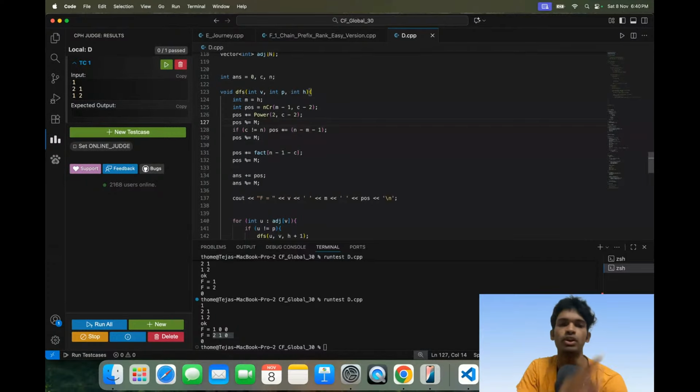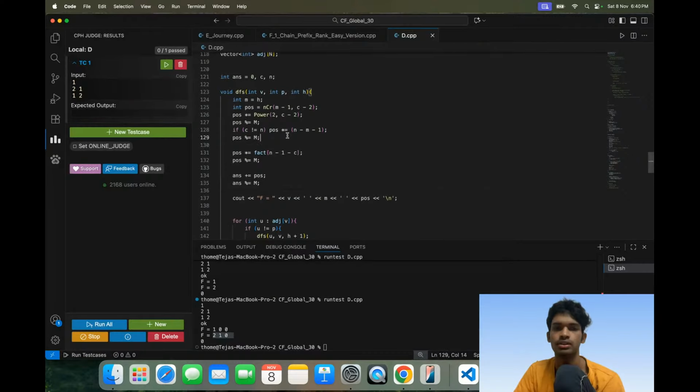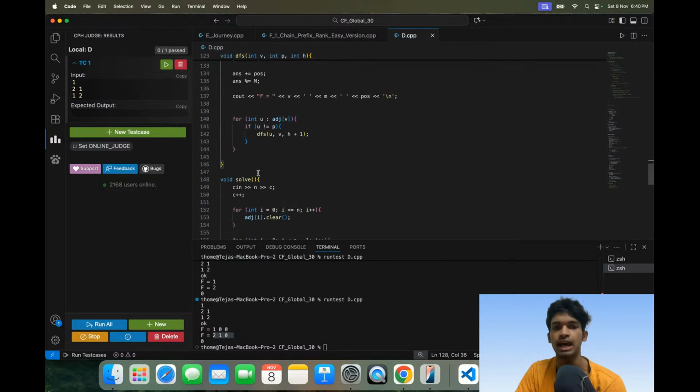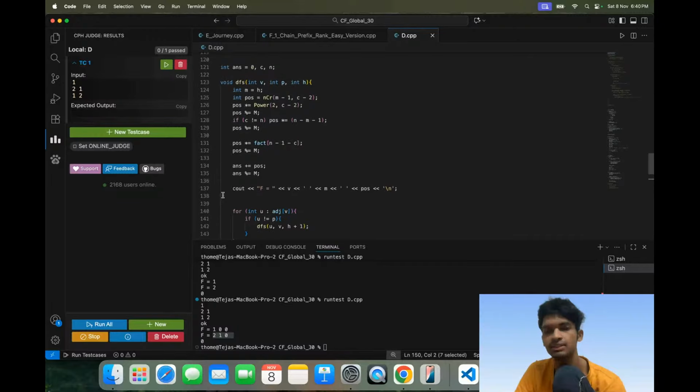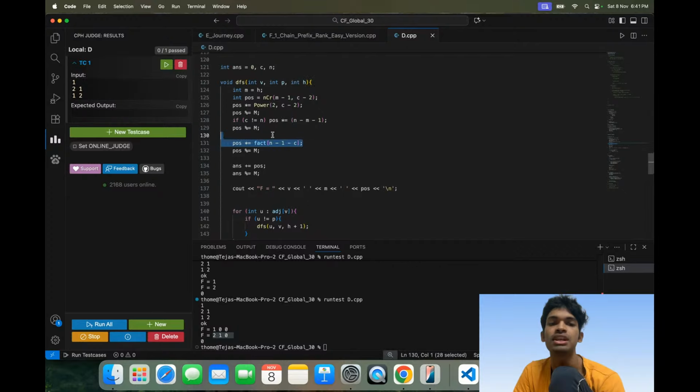It won't occur. 1 to n minus 1 are the numbers, right? See, it happened only because I have seen the cases. I haven't seen that C equals to n possible. But now we have to say if C equals to n, what? If C equals to n, this is just remaining things factorial, right?